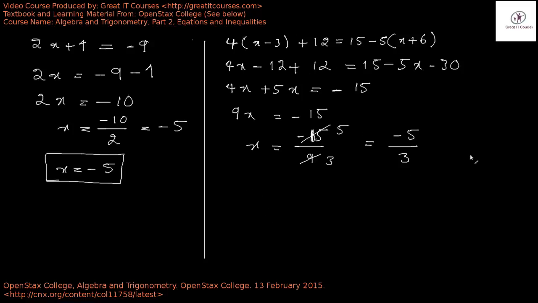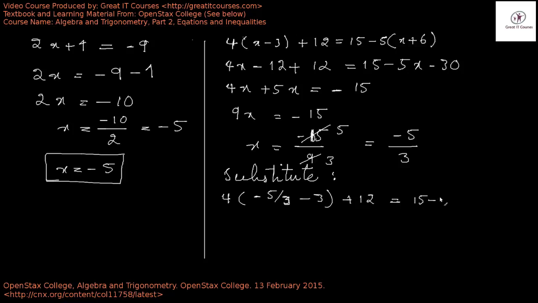So in order to substitute, you would get 4 into minus 5 by 3 minus 3 plus 12 is equal to 15 minus 5 into minus 5 by 3 plus 6.